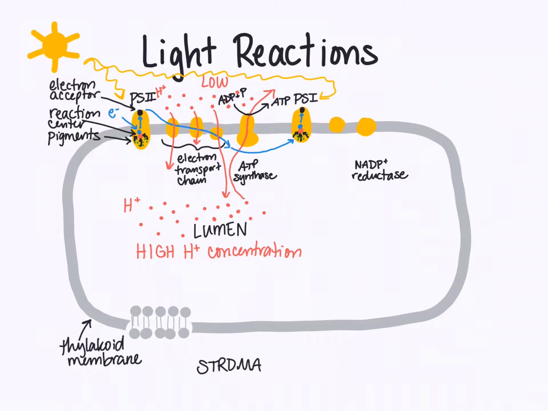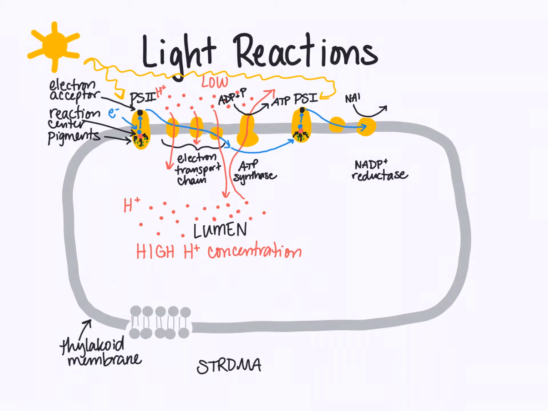From the electron acceptor, that electron then gets passed through these additional proteins embedded in the thylakoid membrane. Now remember that the last protein in the thylakoid membrane is NADP plus reductase. And this is an enzyme that is going to catalyze the reaction that forms NADPH. And so what happens is that the electron gets incorporated.